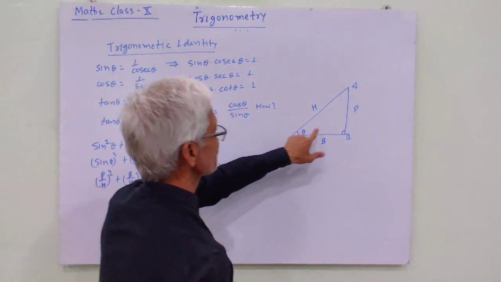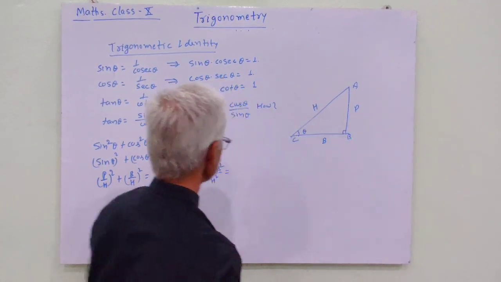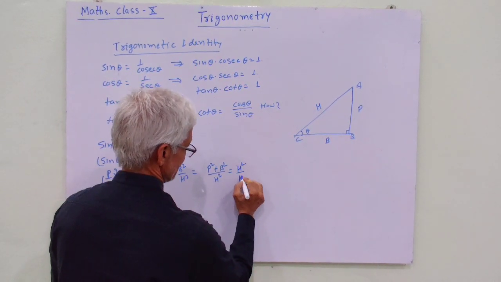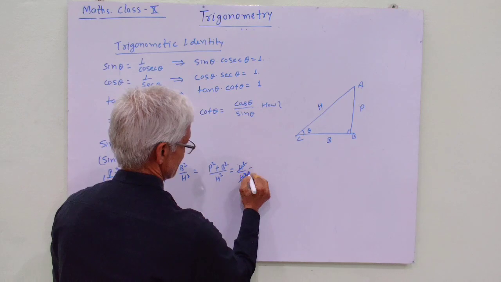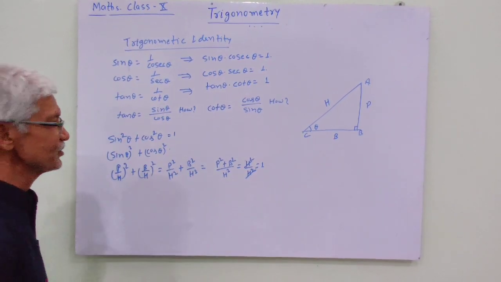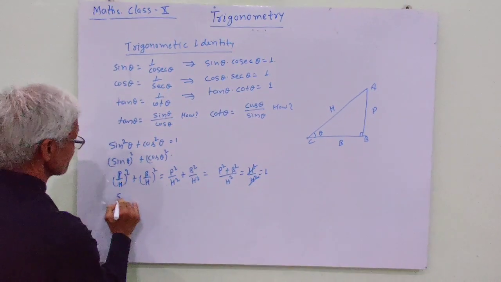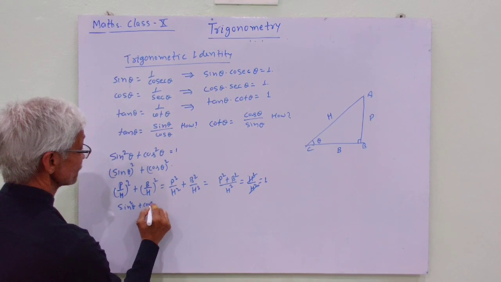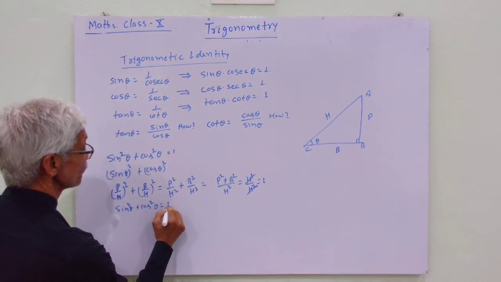P square plus B square is equal to H square. What do you get? 1. Sin square theta plus cos square theta is equal to 1. So we can say sin square theta plus cos square theta is equal to 1.